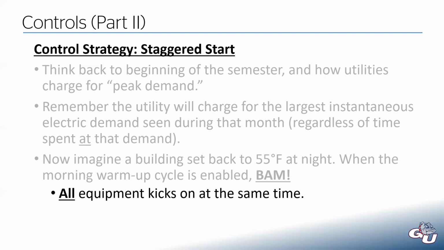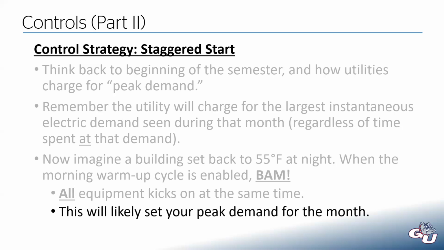Everything has to work much harder to get up to a comfortable temperature by the time people show up. So that is very likely going to set your peak demand for the month, because everything is kicking on at the exact same time. And now you've just set your peak demand.